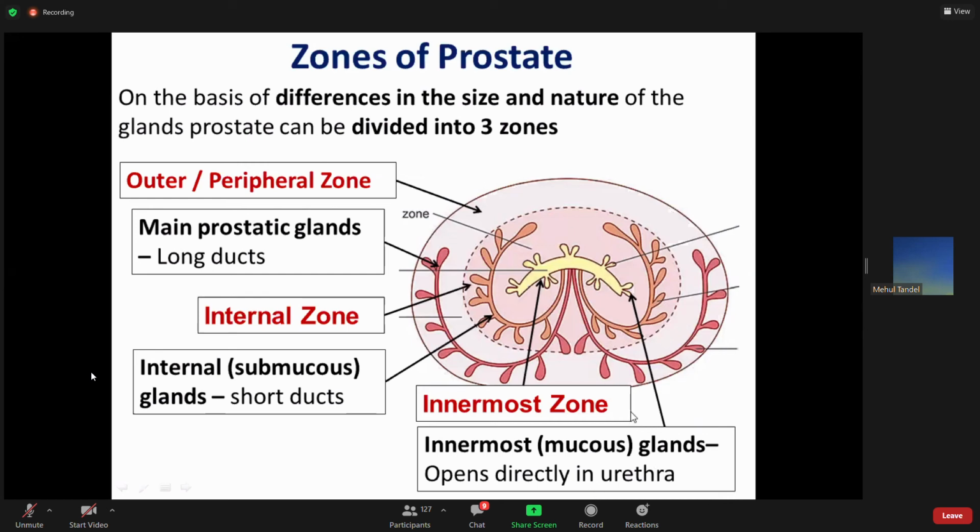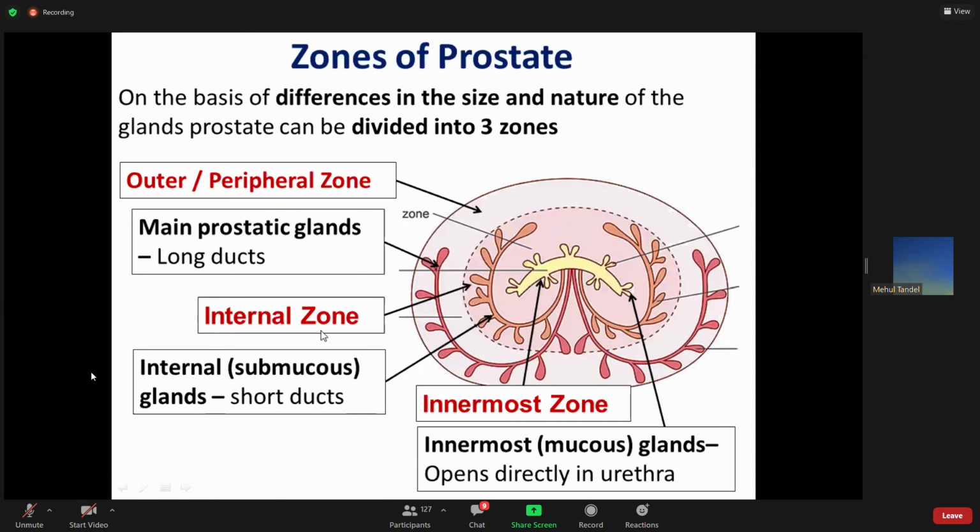So these are the three zones of the prostate based on the size and nature of glands. The outer or peripheral zone contains the main prostatic glands with long ducts. The internal zone contains submucous glands with short ducts, and the innermost zone contains mucous glands without ducts.